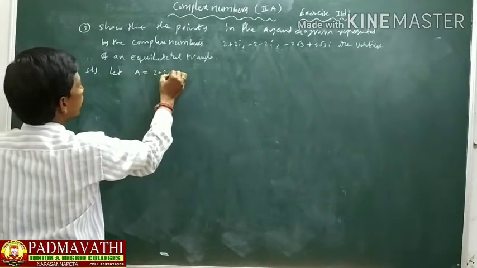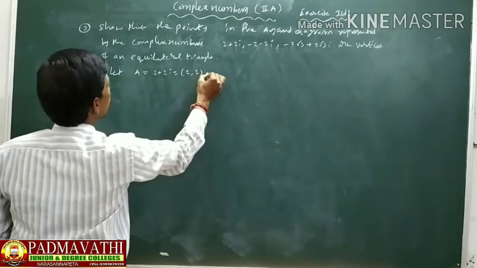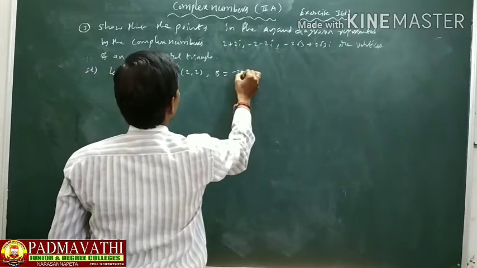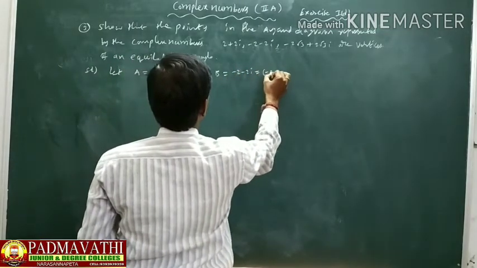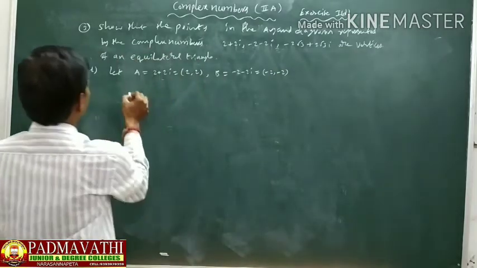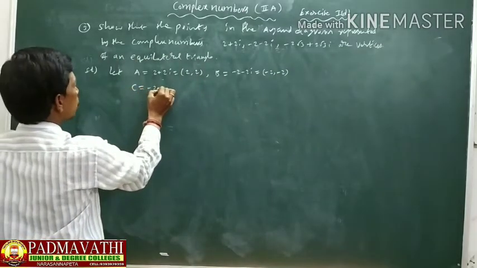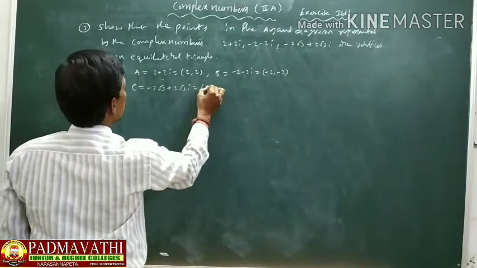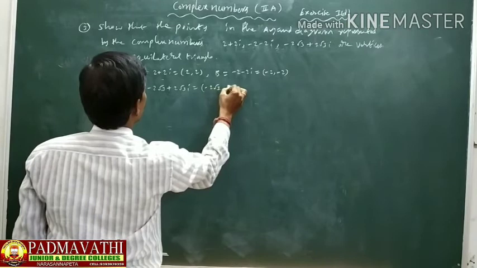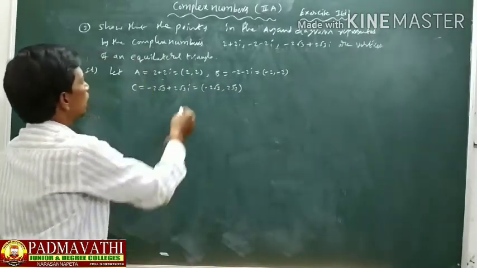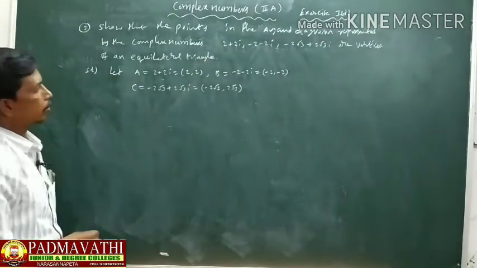A equals 2 plus 2i, that is (2, 2), B equals minus 2 minus 2i, that is (minus 2, minus 2), C equals minus 2 root 3 plus 2 root 3 i, that is (minus 2 root 3, 2 root 3). That is the point.